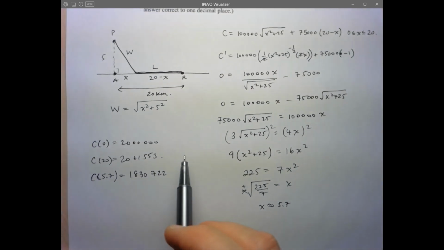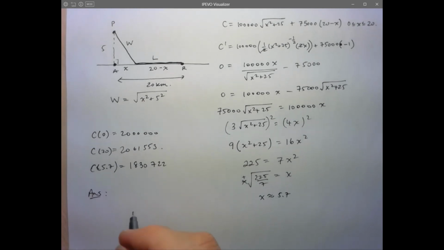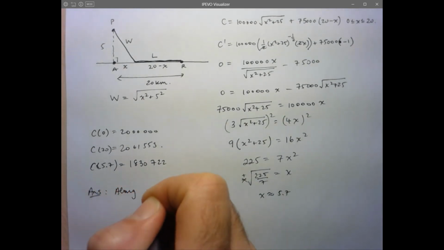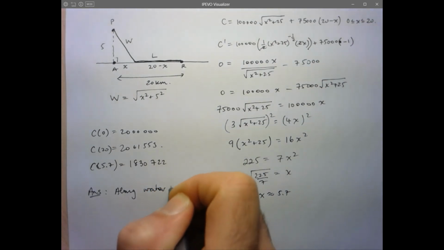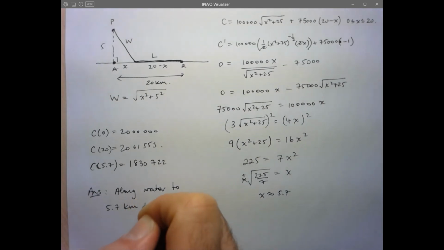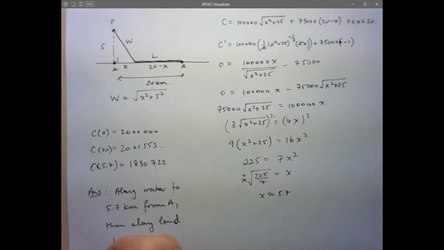So I guess we can say, our answer here, along water to 5.7 kilometers from A, then along land to R. It asks to describe the route, so I'm describing the route.